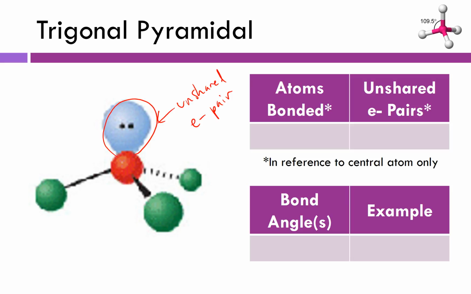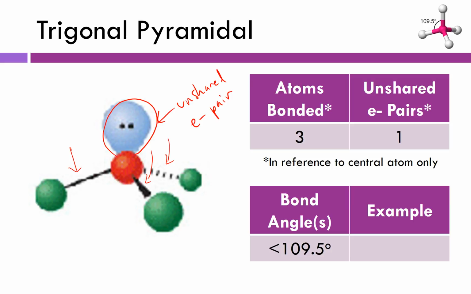So if we look at the trigonal pyramidal geometry, we can see that there are 3 atoms bonded to the central atom, and then we have this unshared pair of electrons. You might look at this and say it should have the same bond angles as tetrahedral, and you're kind of on the right track. But because this cloud of electrons takes up more space, it's going to push all of these bonded atoms a little bit closer together. So we're going to see bond angles that are less than 109.5.